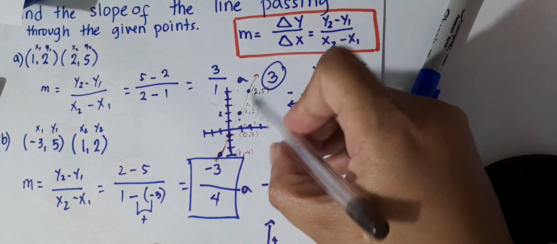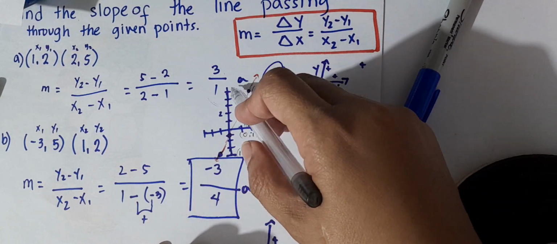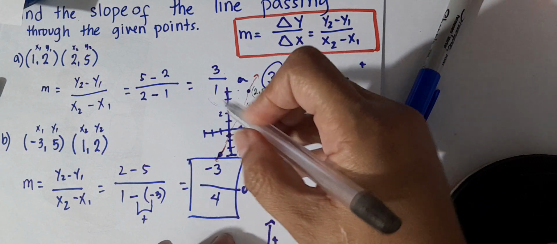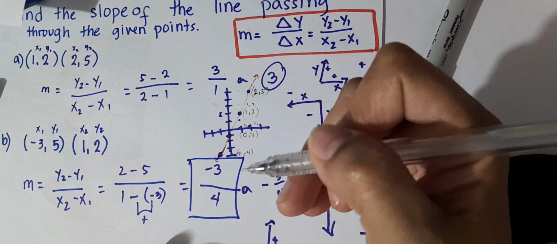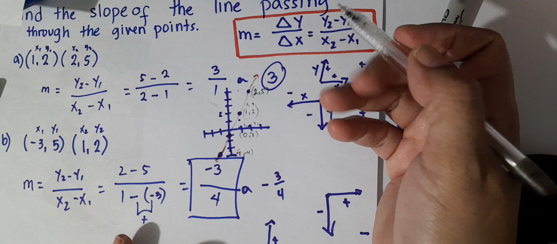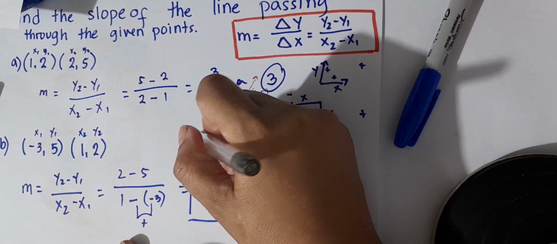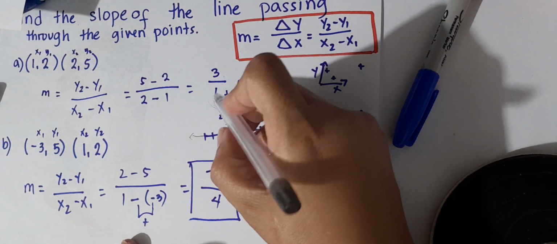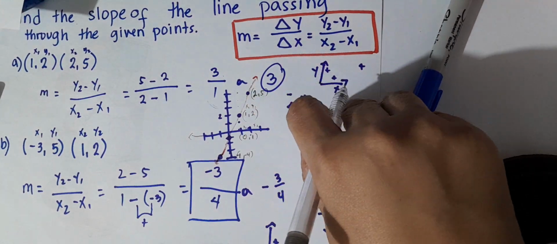Why negative? Because it is down. Up will be the positive y, and going down will be negative y. And this one also here, it will also be negative 1. Why negative 1? Because it's on the left side already. Remember that when we go to the left, it will be the negative side after the 0 here. And when we go down, it is also negative.